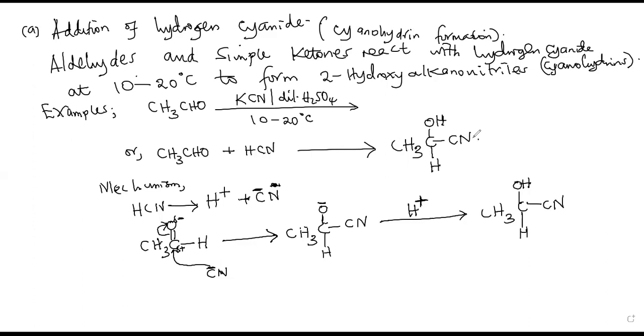One can outline this mechanism also in another version. One can have C double bond O, partially positive, partially negative. Then we had the CH3, so it is H3C, and then we have the hydrogen.